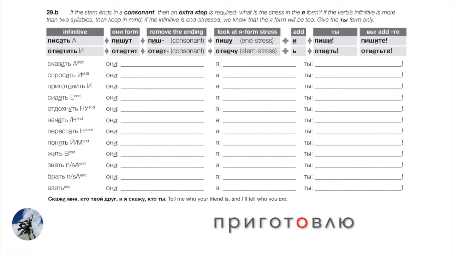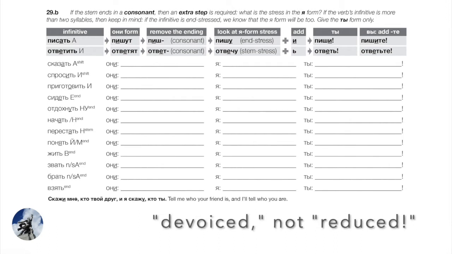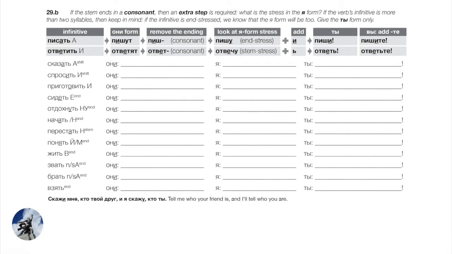Again, we know that the я form is going to be stem stress simply by looking at the infinitive in this case. So now we're simply adding a soft sign to our base, and that gives us приготовь. Приготовь. By the way, that final soft в is reduced to a soft ф.